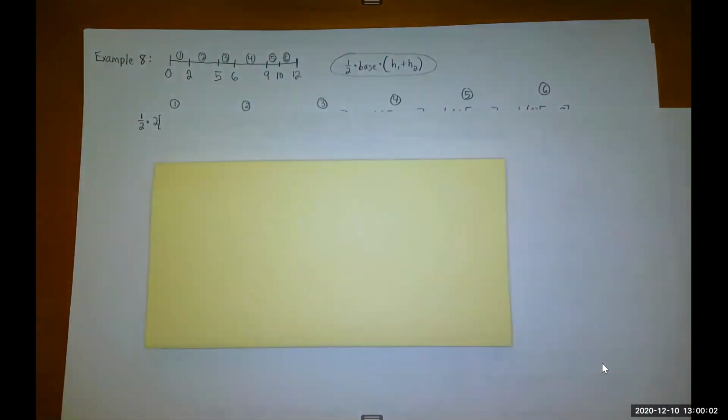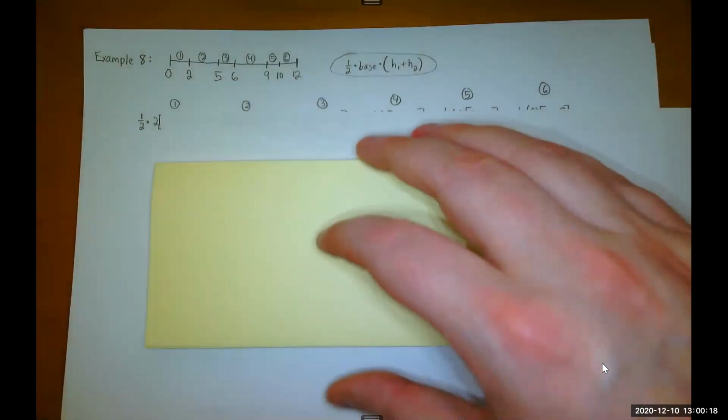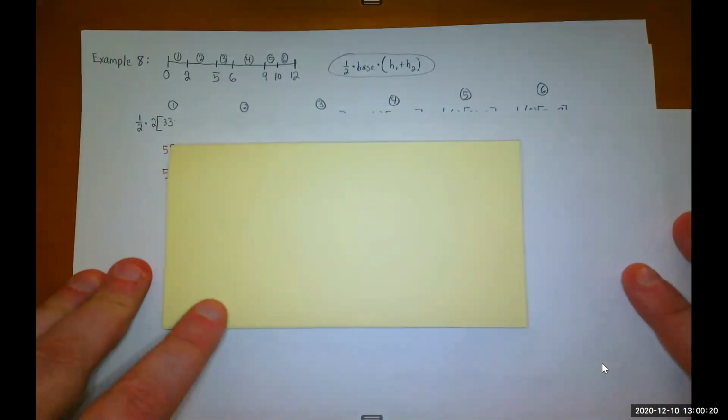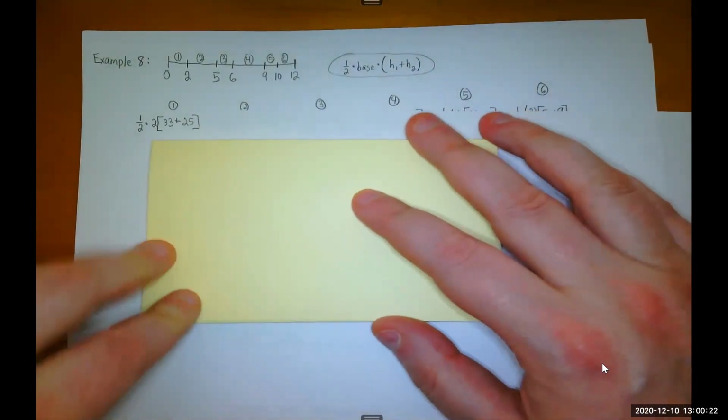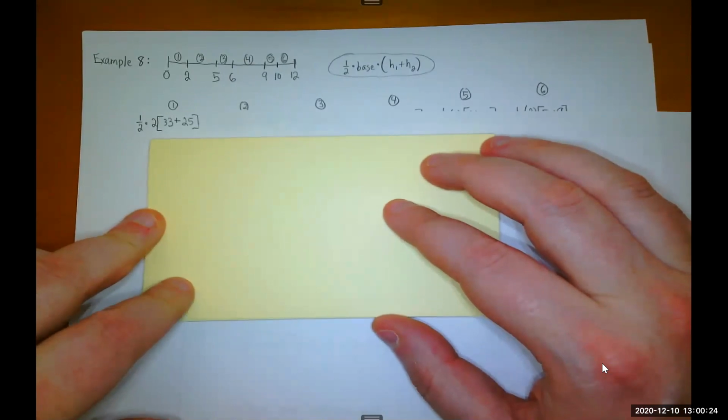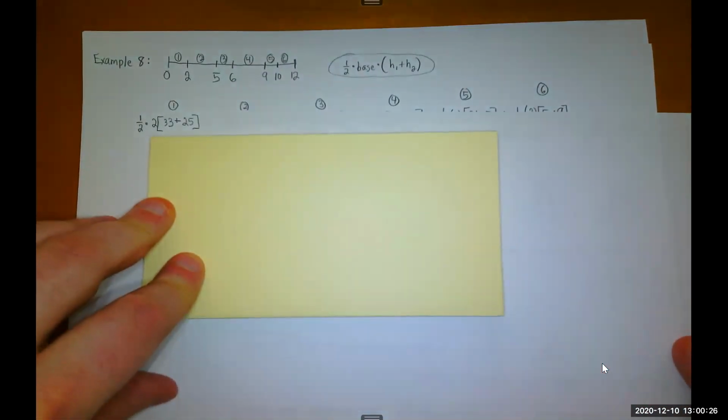Why does it have 1/2 times 2? Well, it has 1/2 because it's a trapezoid. It has 2 because when you're going from 0 to 2, that's 2 units. The heights are going to be evaluating the function using the table at 0 and evaluating the function at 2. So that's 33 and 25. Check it against the table.